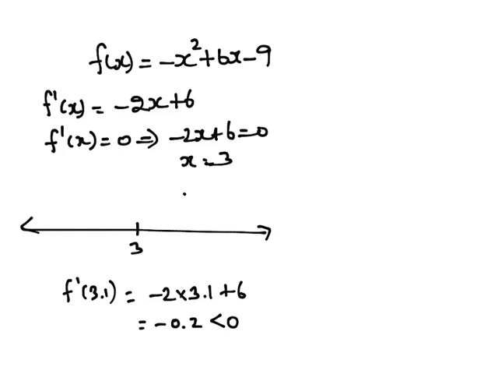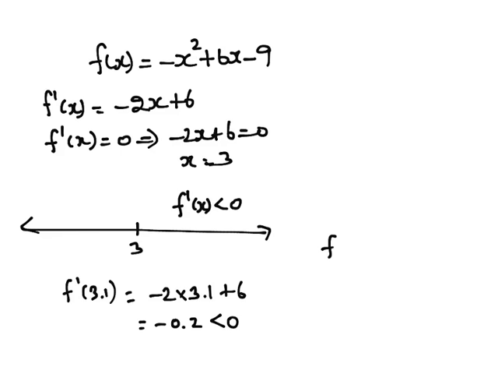That means f dash of x is negative here. What it means is that if you take any value above 3 and substitute in f dash of x, you'll always get a negative value. Okay, you can cross check if you want to. Now let me take a value below 3, let's say 2.5.